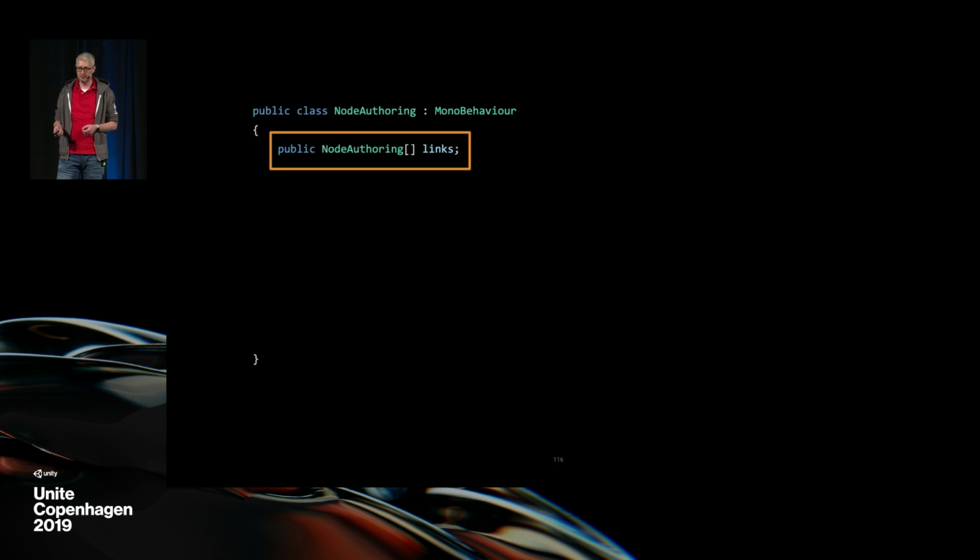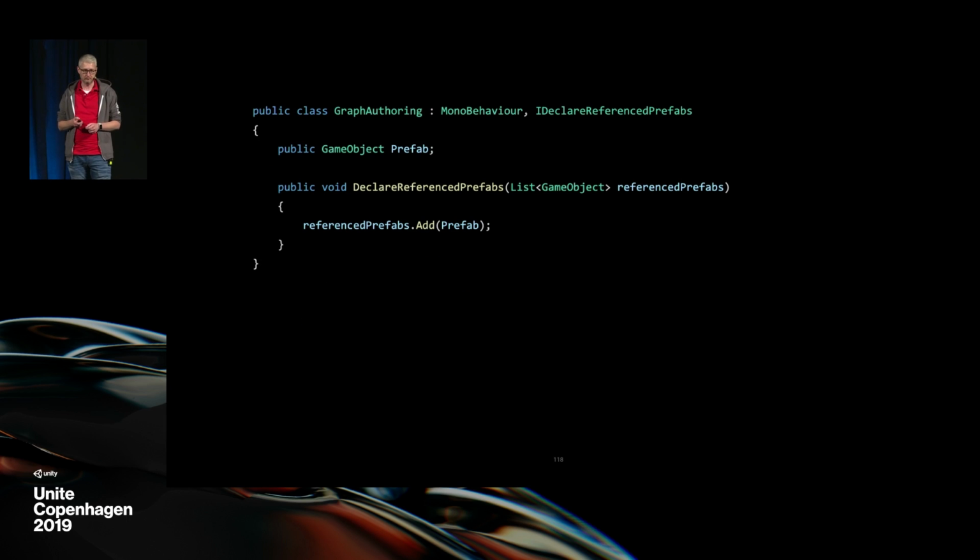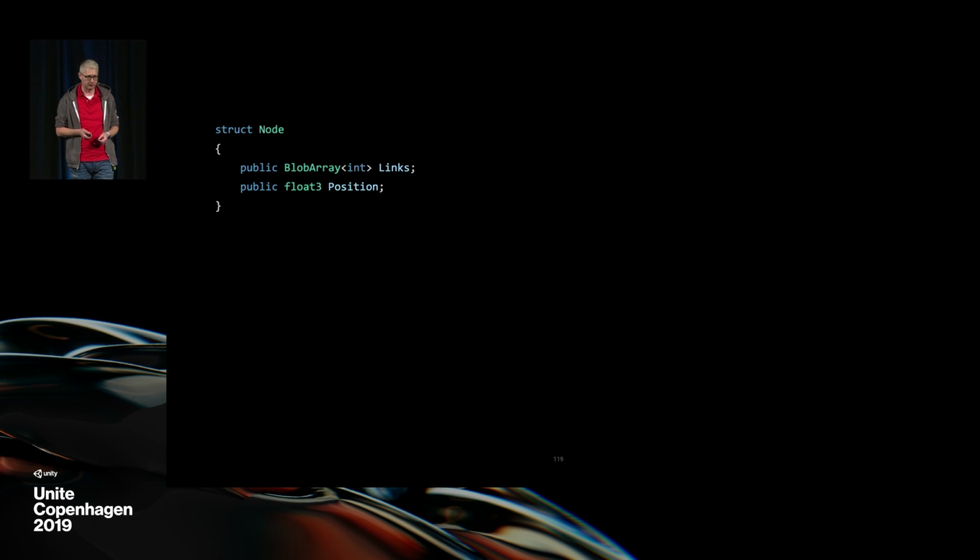It has an array of authoring components, which are the links it has. And then it has a little function to draw the gizmo for it. So you can actually pull these around in the editor and see what you're doing. We also have an authoring component that holds the prefab that we want to spawn, but Fabrice already went over that, so let's just skip through it.